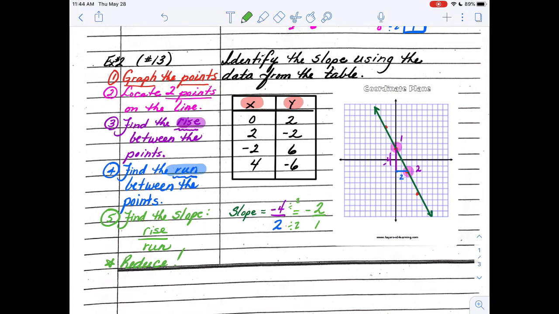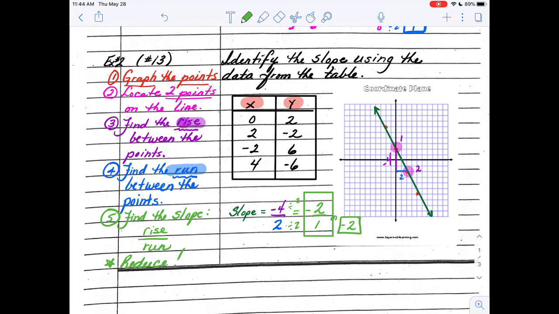So I can leave it that way if I wanted to, or I can write again. Slope, write it as a whole number or a fraction. So I can say it is -2. It could be either one. When you leave it as -2 over 1, you're just showing what the rise and run is by itself. So it could be either one of those.